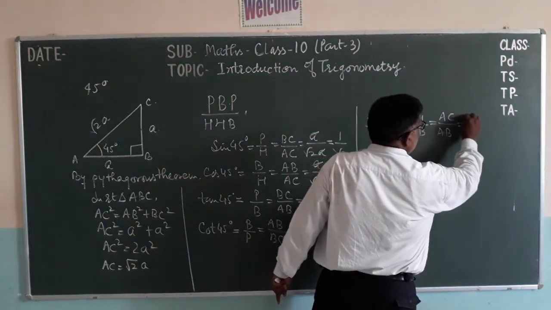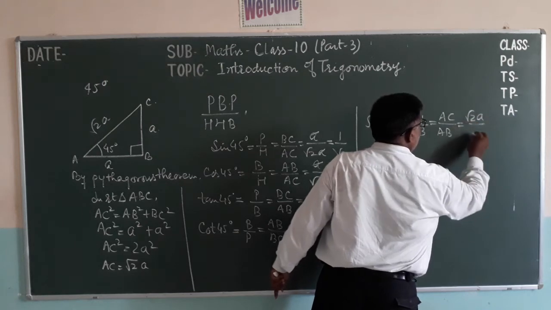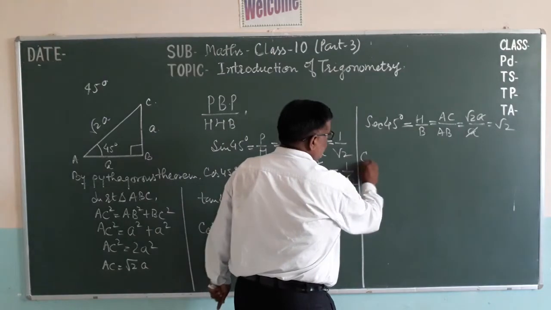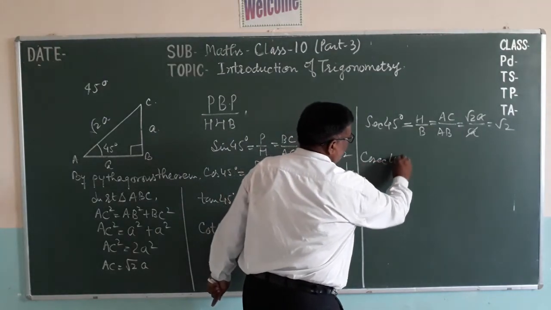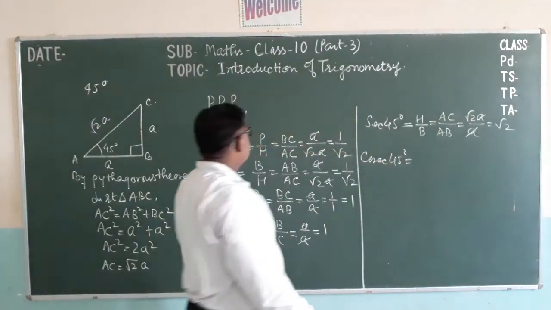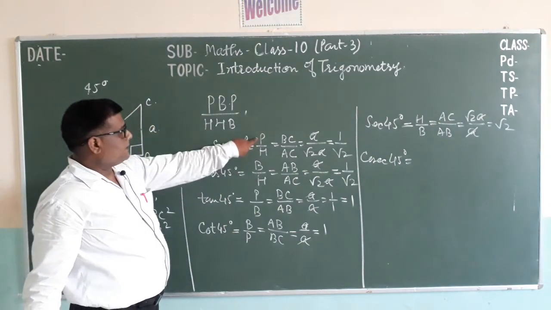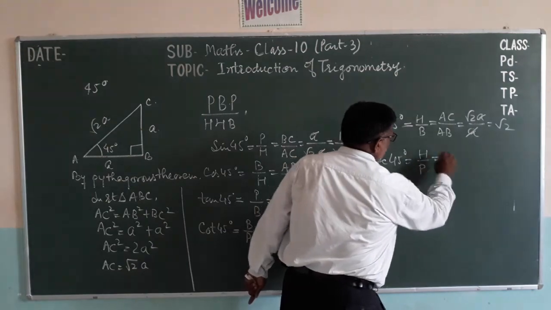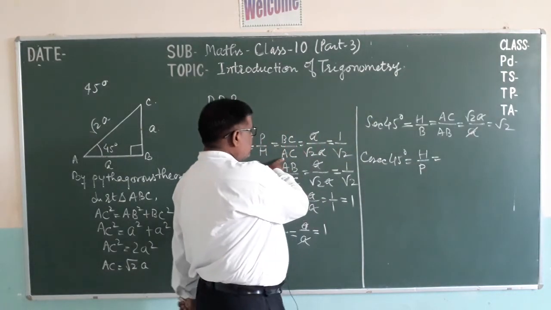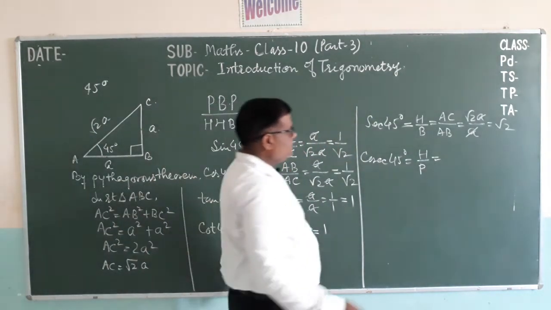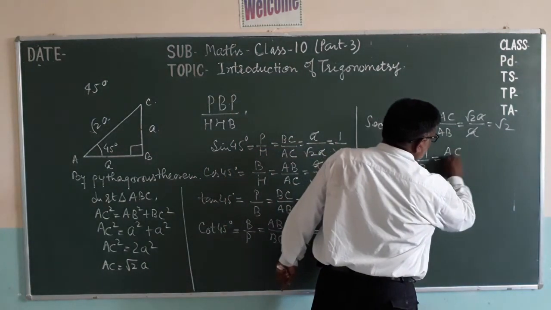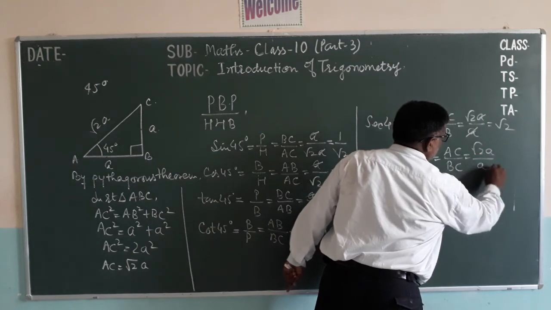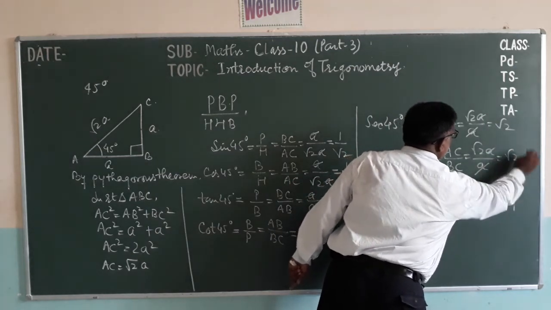Now AC is equal to root 2A, and upon A cancels out, which is root 2. And now cosec 45 degrees, that is the reciprocal of sine, H upon P. Here H upon P is AC upon BC, and AC is root 2A, BC is A, cancel, this is root 2.